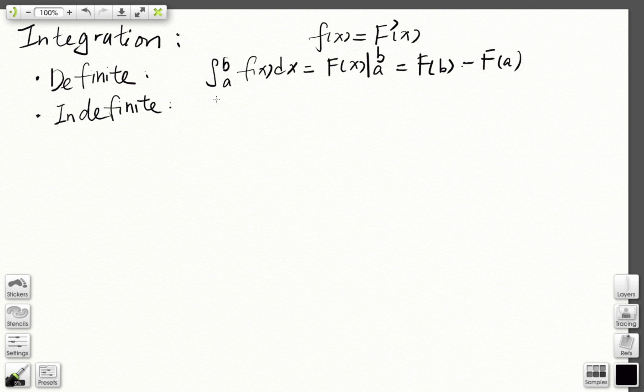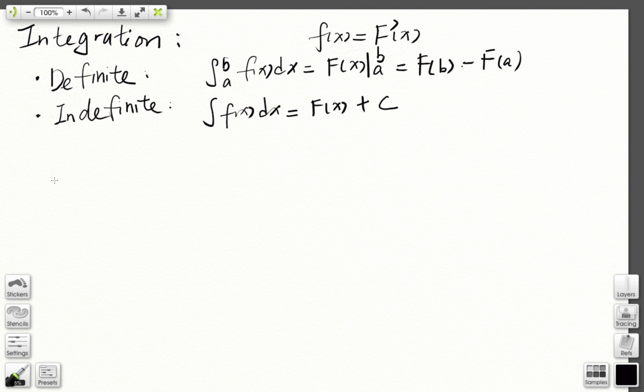And for the indefinite one, we'll have the integral of f of x dx equals capital F of x plus c, right?